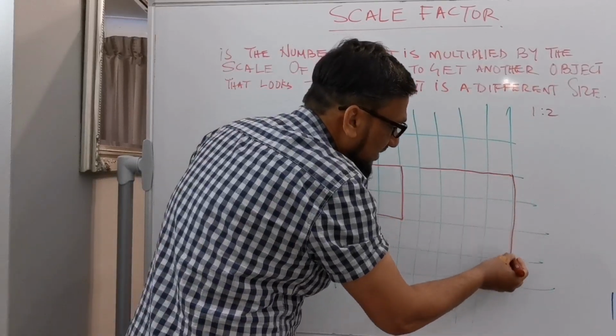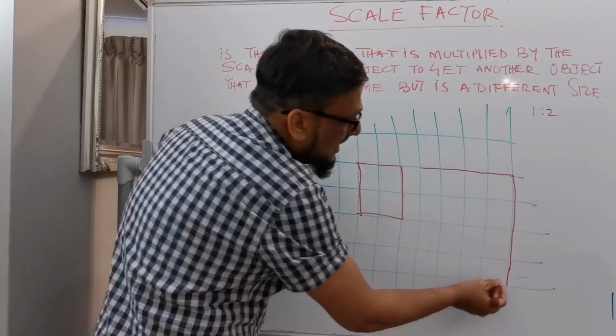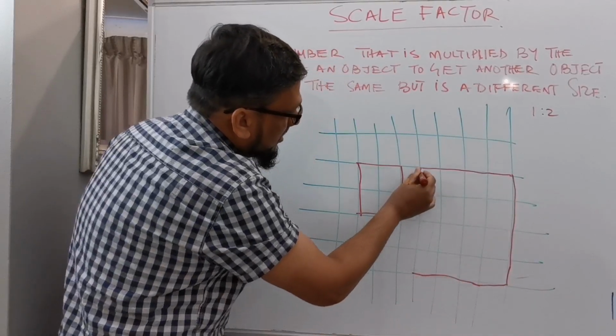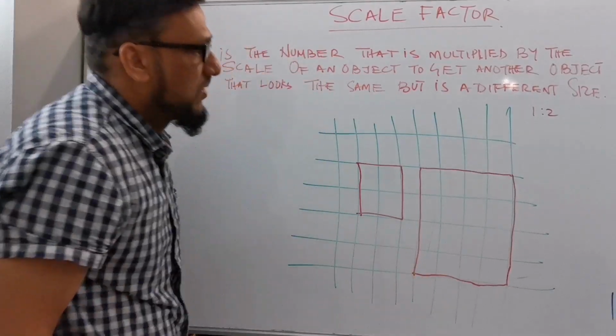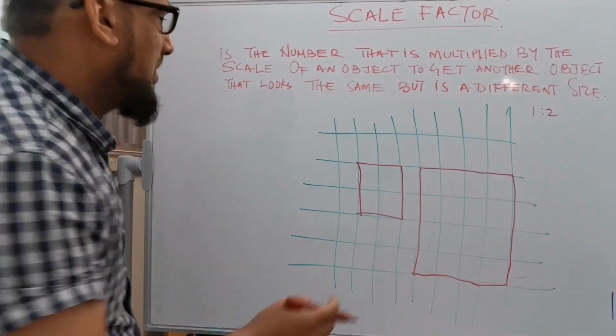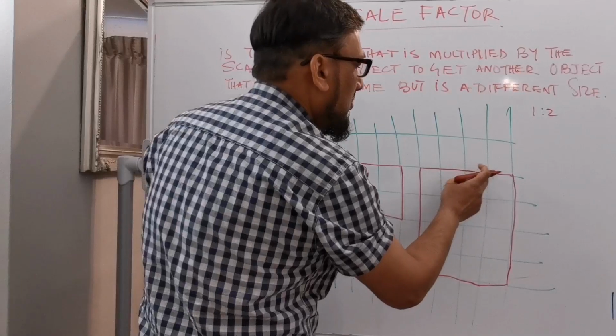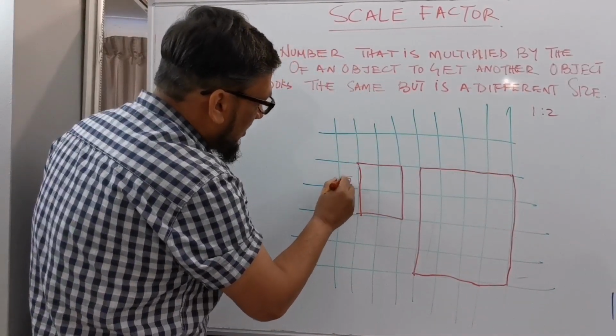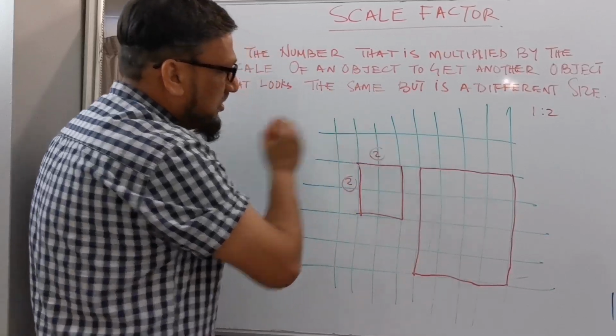And the same vertically as well. Look there, there are 2 grids here and 2 grids here.